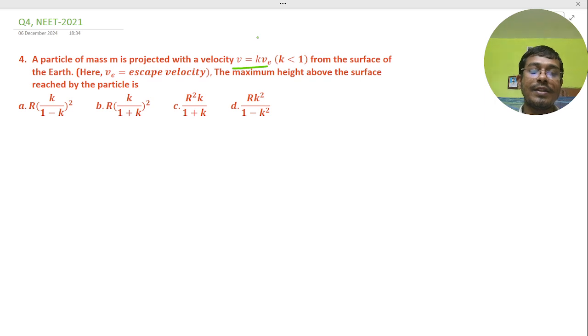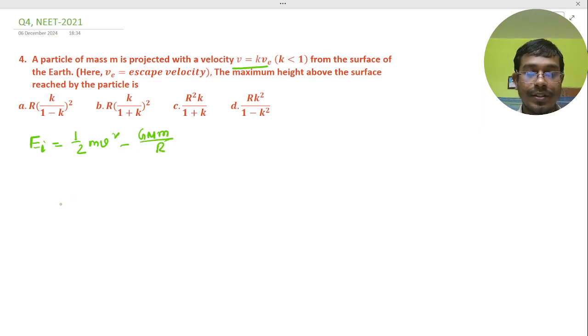This is basically an energy conservation problem. First of all, the initial energy becomes half m v square minus GMm by r.